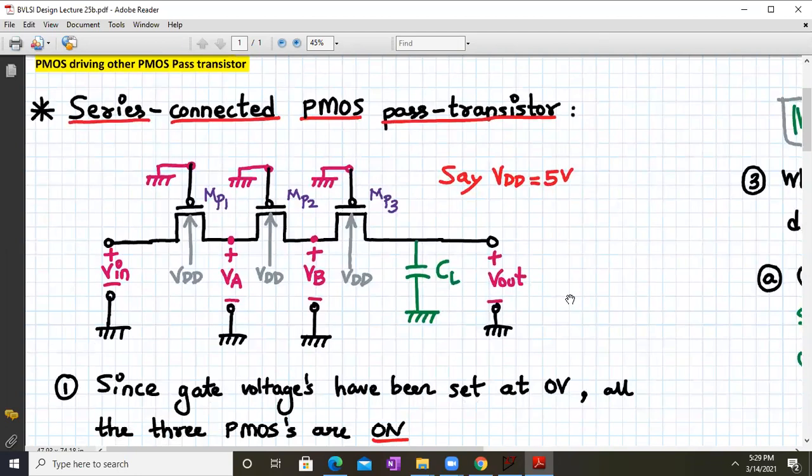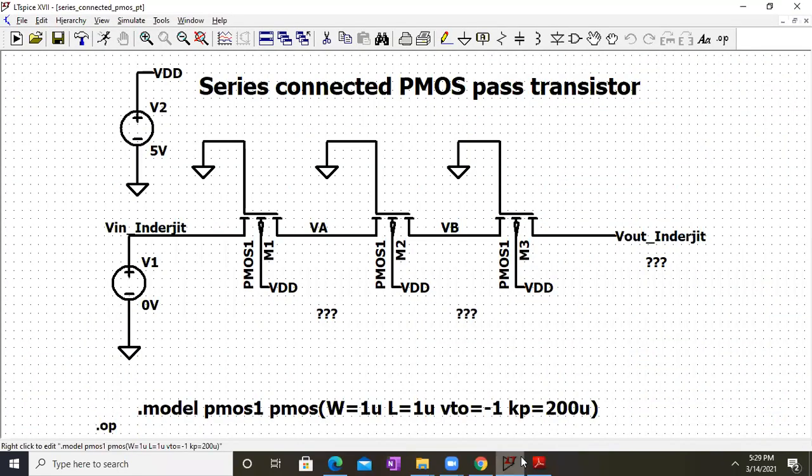To answer this question, let us directly go into the LTspice simulation. Here it is, the same circuit. The gate terminal of all the PMOS transistors is connected to the ground. The substrate terminal or the body terminal is connected to the VDD for all the three.